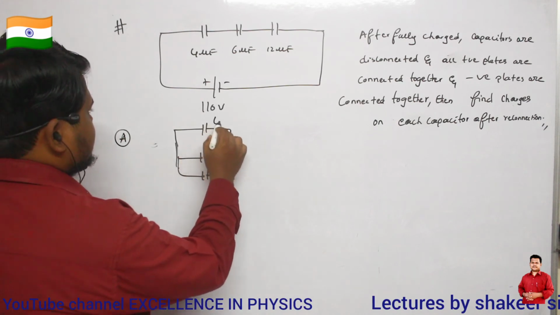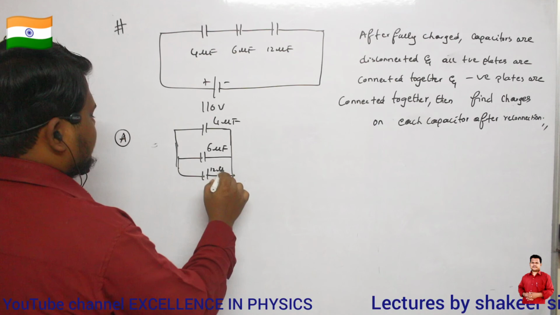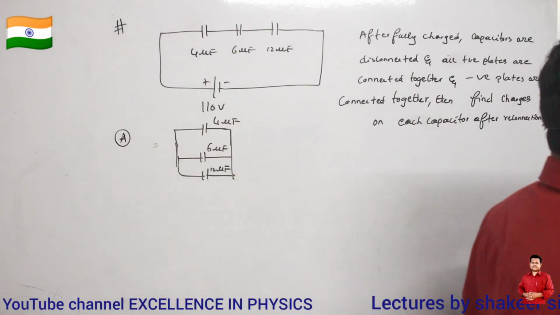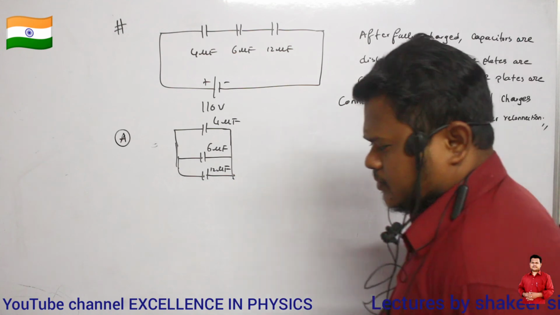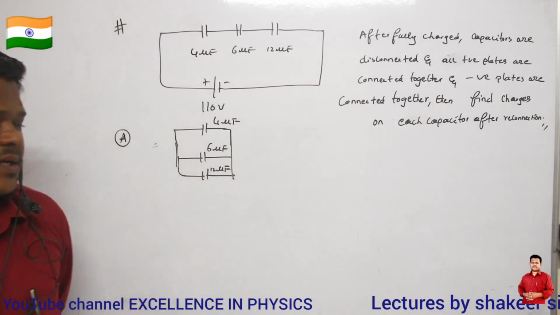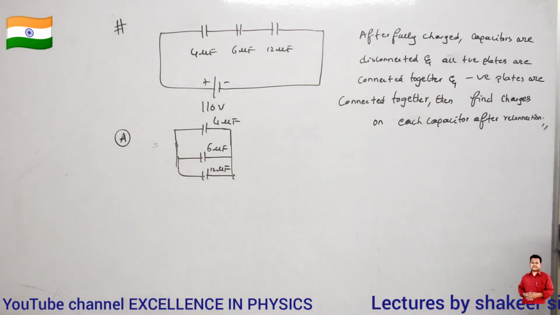So this is the capacitance of 4 microfarad, 6 microfarad and 12 microfarad. Then after connecting them in this type of connection, the final charge on each capacitor we are supposed to find out. Can you say how I can calculate it? Anybody?